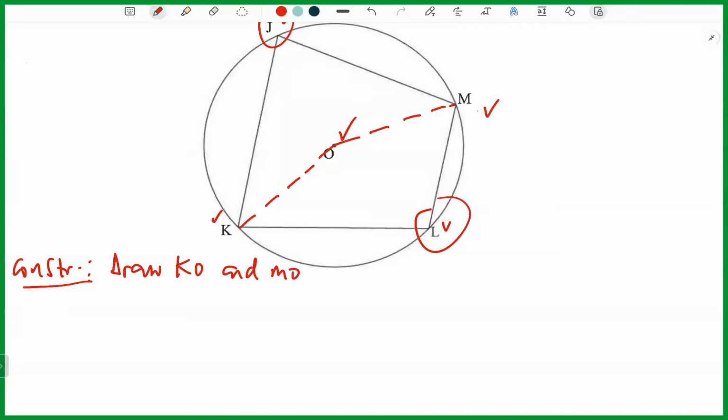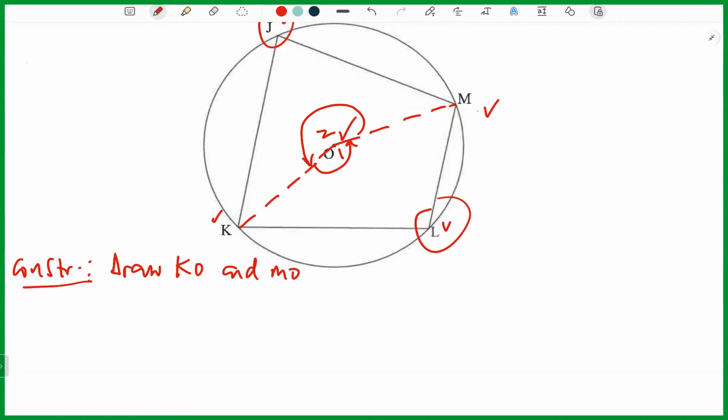After this construction, we call this angle O1. And then we also have this angle, and we call it angle O2.